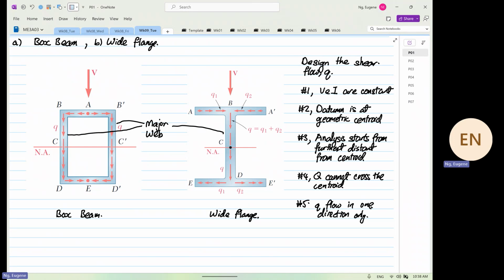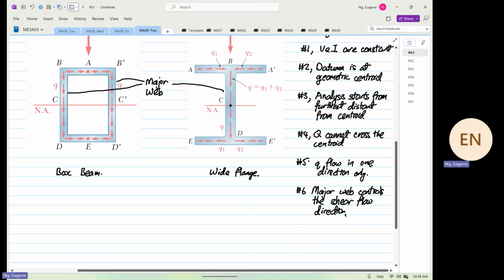So in this context, rule number 6, the major web controls the shear flow direction.